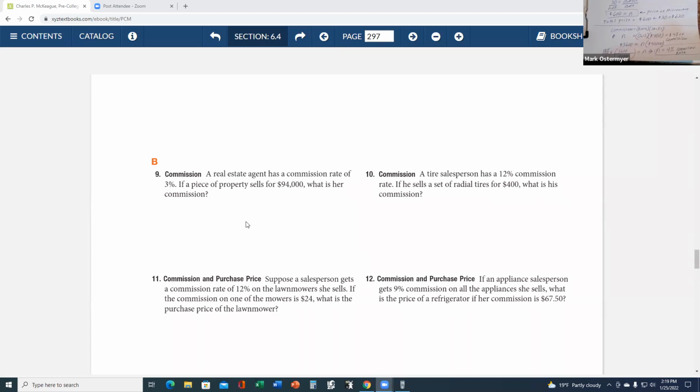Try one last problem for classwork number 4. Number 9: if a real estate agent has a commission rate of 3%, and a piece of property sells for $94,000, what is her commission that she earns? We'll call that classwork 4. That's the last one today, number 9.